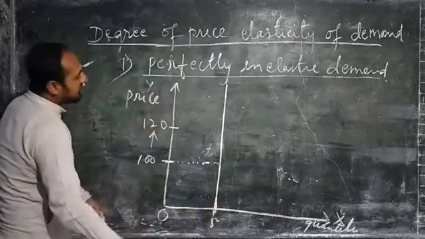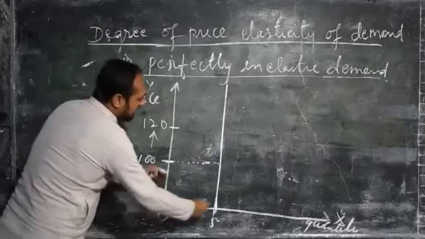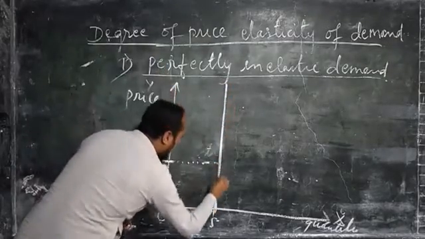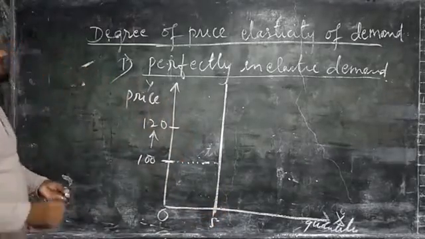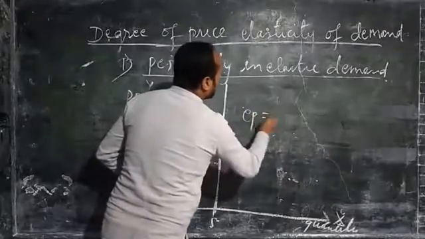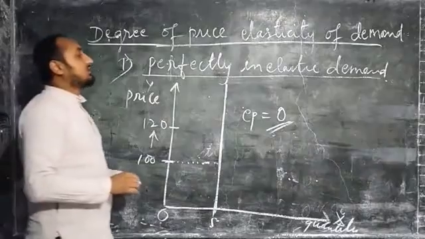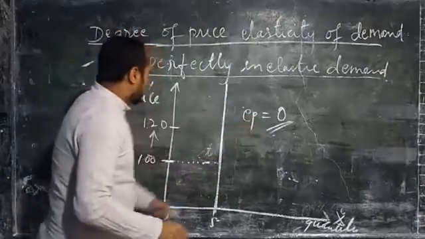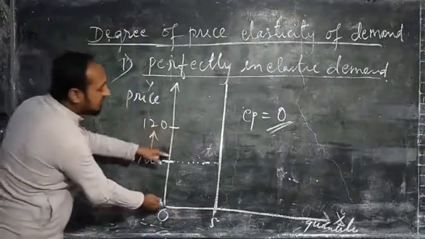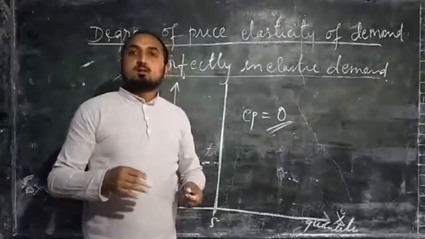When the price increases from 100 to 120, the quantity demanded will again remain the same, that is 5 units. So if you draw a line, we will get the demand curve parallel to the y-axis. Here it implies that EP equals 0, because the quantity is not changing irrespective of changes in the price. So the price is changing but the quantity demanded remains the same.